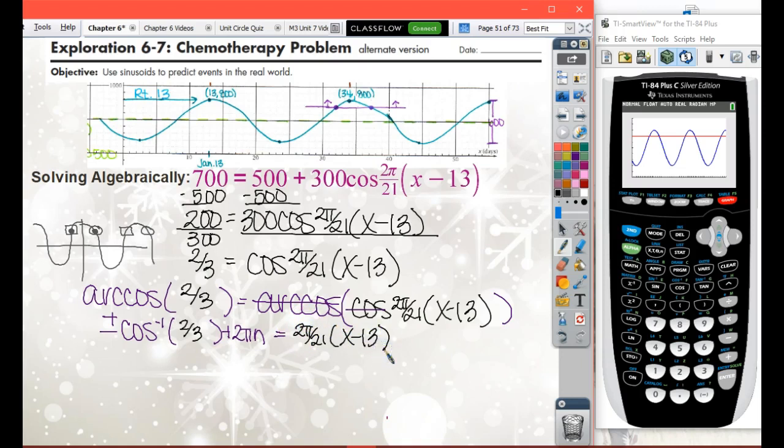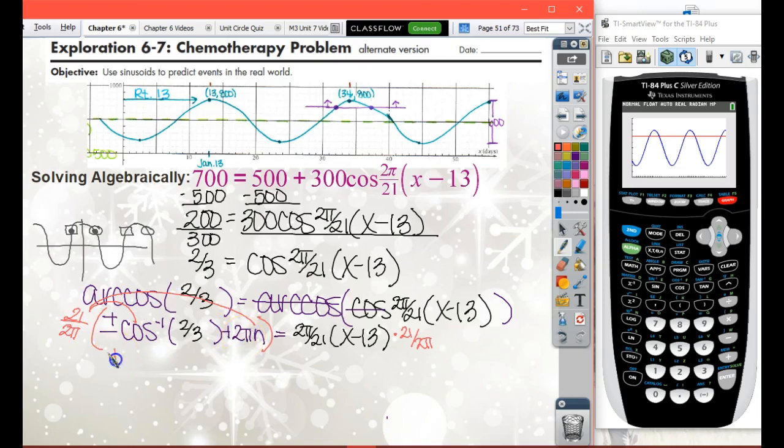Okay, from here we still need to get x alone, so we have a couple more steps. To get rid of this 2 pi over 21, I'm going to multiply by 21 over 2 pi. I'm multiplying by the reciprocal to get those to cancel. Make sure that you do it to the entire side on the left, which means that I'm going to have to distribute because I have two separate terms here.